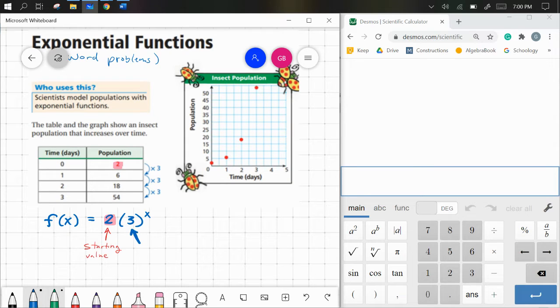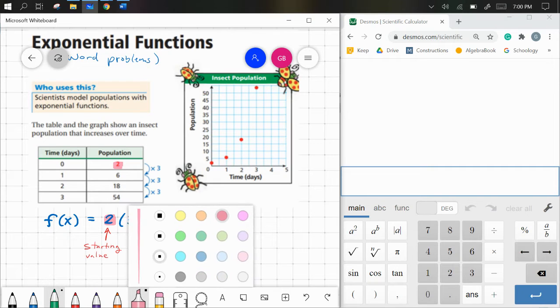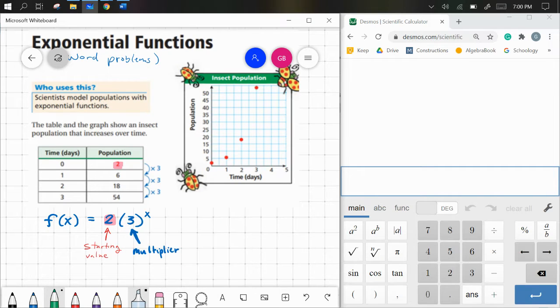This 3 is the multiplier. So this 3 represents these 3's over here.